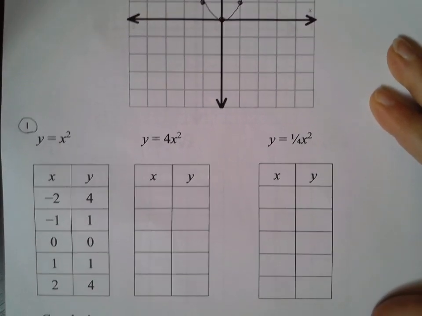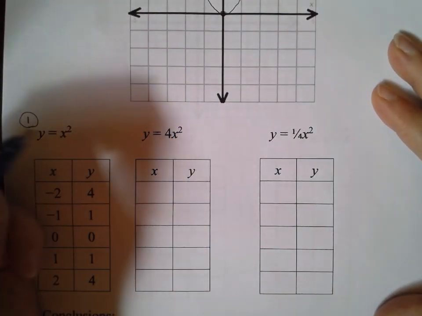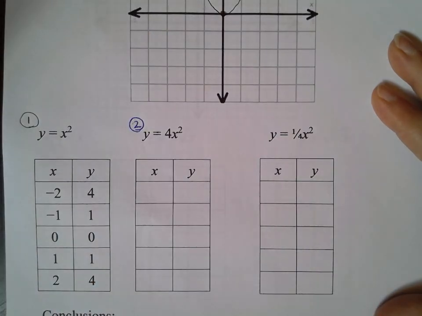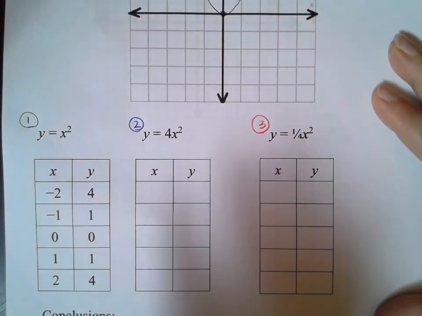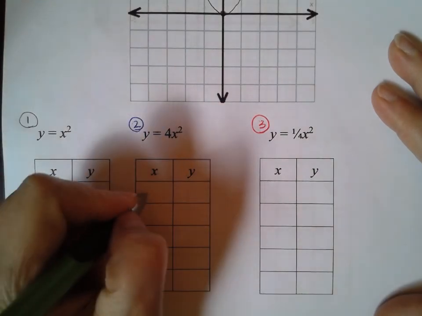Okay, then we're going to put a number that's being multiplied here times the x squared. So we're going to try out a 4 times x squared and a 1/4 times x squared. Now since these graphs aren't shifted at all, the same x values can be used to make the graph.